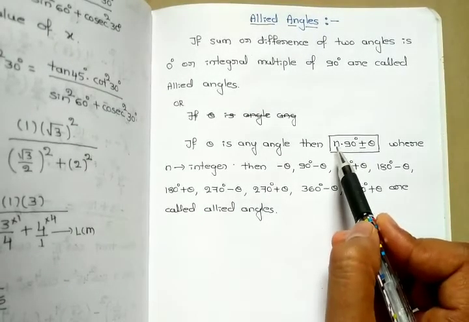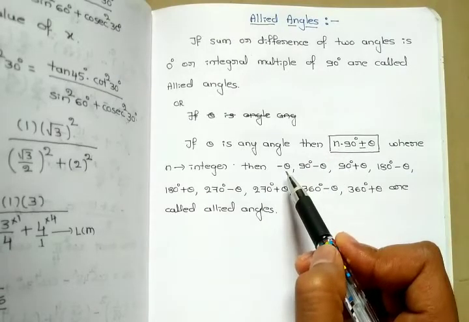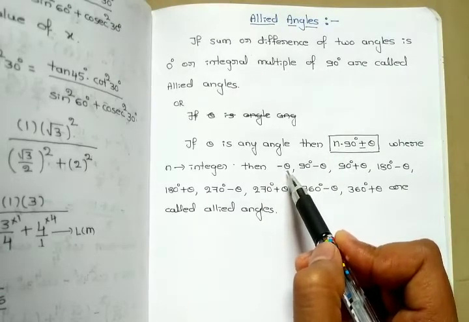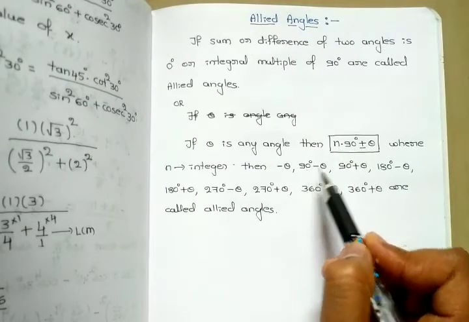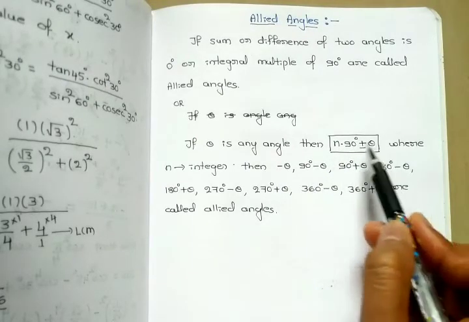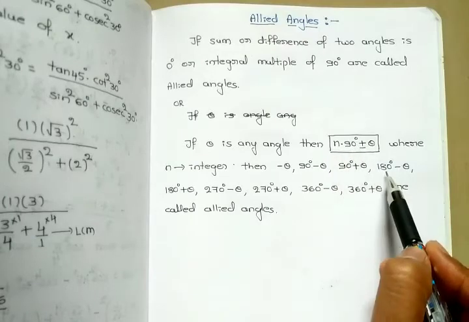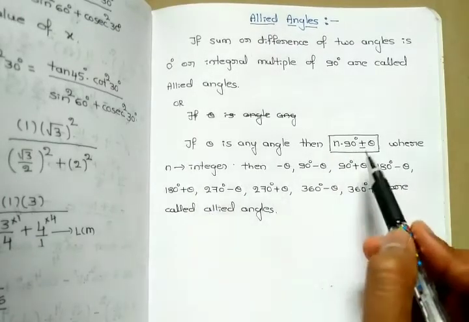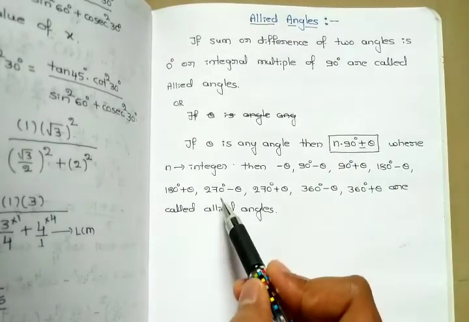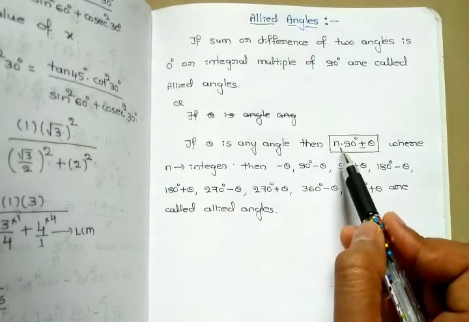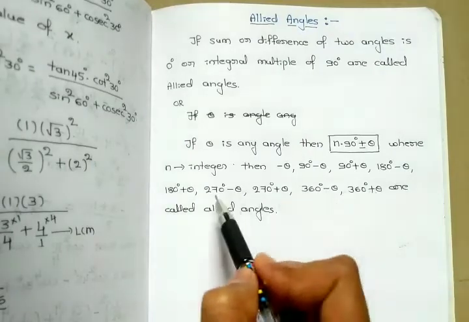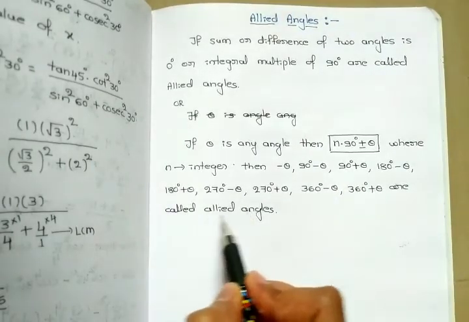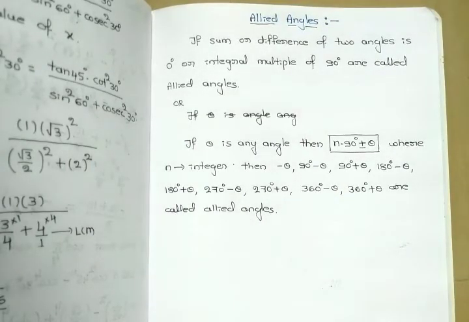If I substitute n equals 0, you will get plus or minus theta. If I substitute n equals 1, 1 into 90 means 90 plus or minus theta. n equals 2 means 180 plus or minus theta. n equals 3 means 270 plus or minus theta. n equals 4 means 360 plus or minus theta. So such angles are called allied angles.